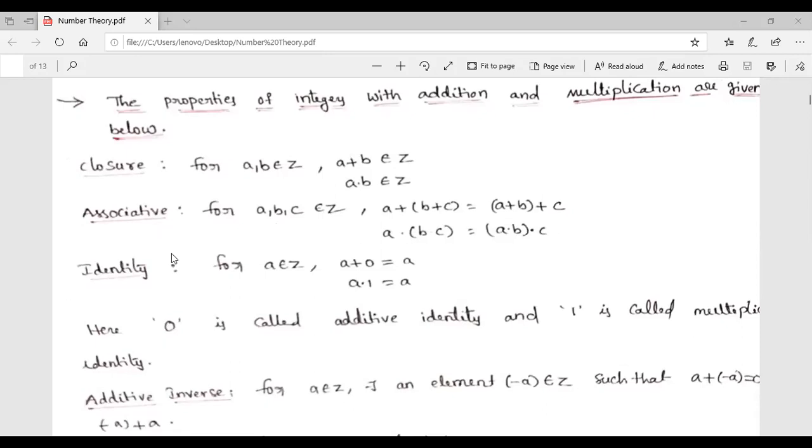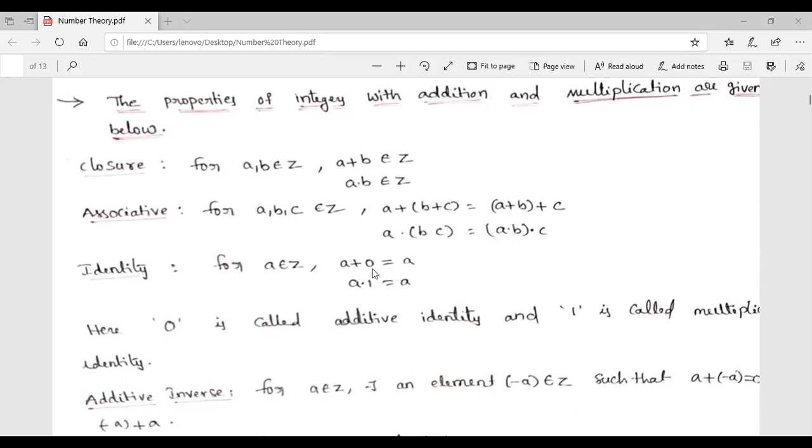Okay. So identity element in the given set. For a belongs to Z, what is the property for a? A plus 0 is equal to a, and a into 1 is equal to a.